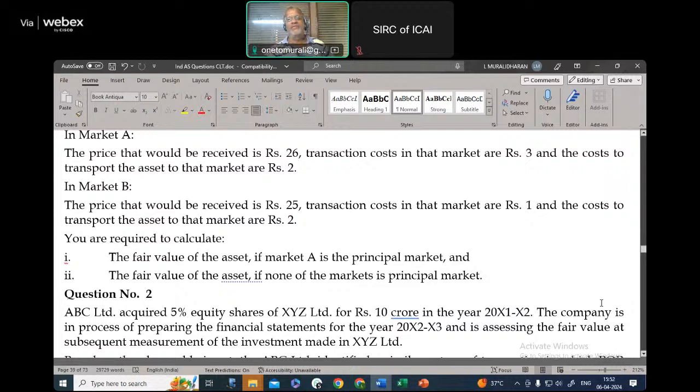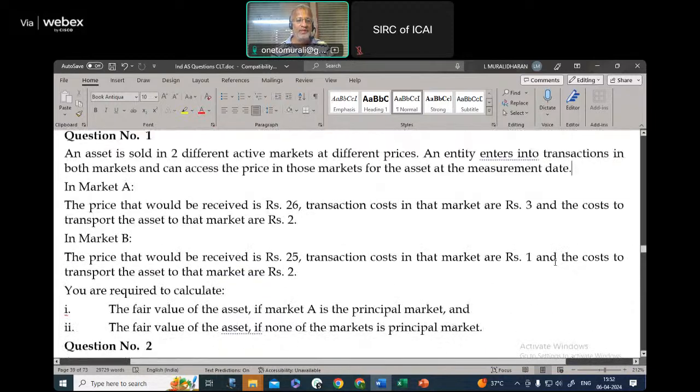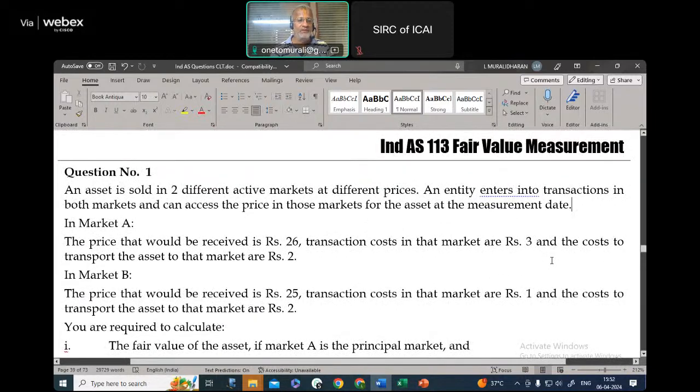Now, how are we expected to answer this question? If market A is the principal market, what is the fair value? They have mentioned it very clearly. Market A is the principal market. Fair value 26 I will take up.